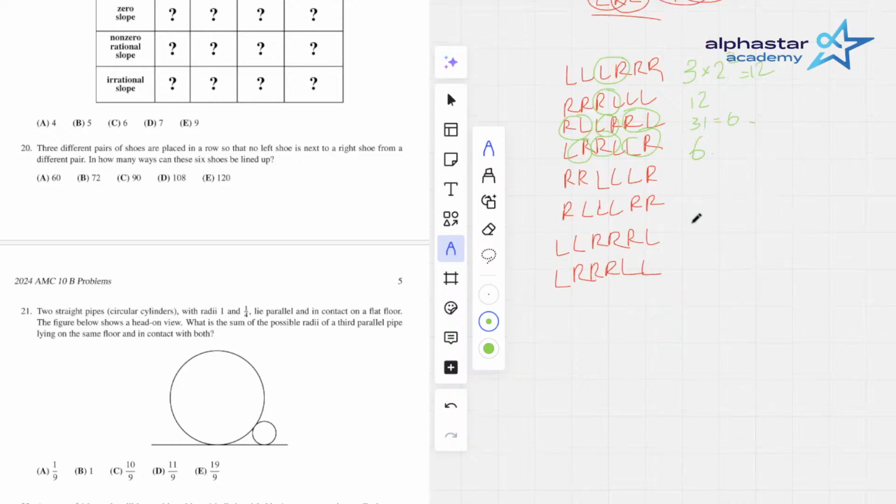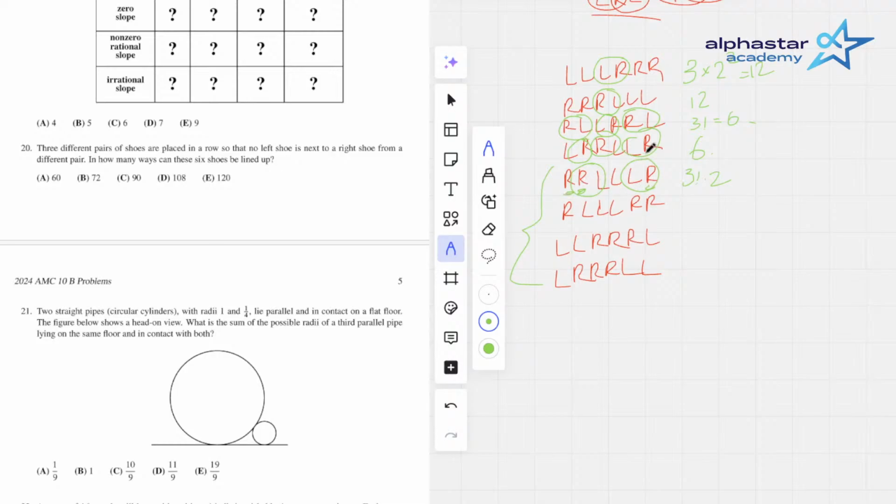Similarly, this is 6. In this case, we need these to be the same pair, and these to be a pair, and these to be a pair. And then all of these are symmetric, right? So actually, we can treat these as all having the same number. So in that case, we have 3 factorial ways to pick, for example, the order of the right shoes.